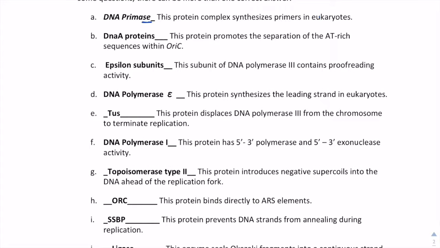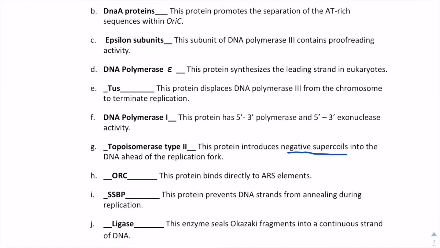And then topoisomerase type 2 will travel in front of helicase as it unwinds the DNA, relieving what is also called negative supercoiling, so the DNA doesn't get too tightly wound in front of it. And then ORC, this protein binds directly to the ARS element.